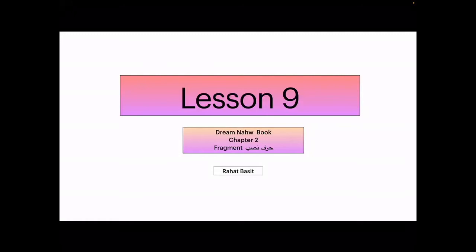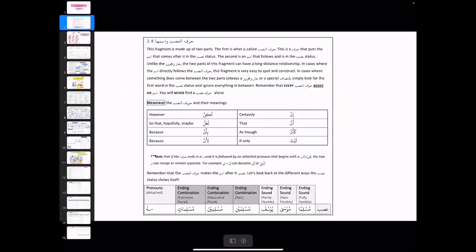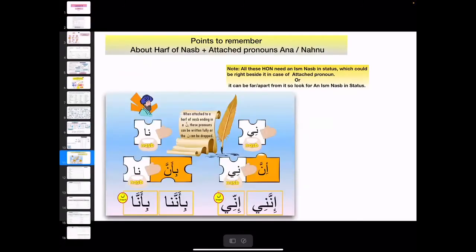Lesson number 9, inshallah. Today we are going to do our next fragment, which is going to be nasab fragment. So let's start. So harfu nasab fragment.